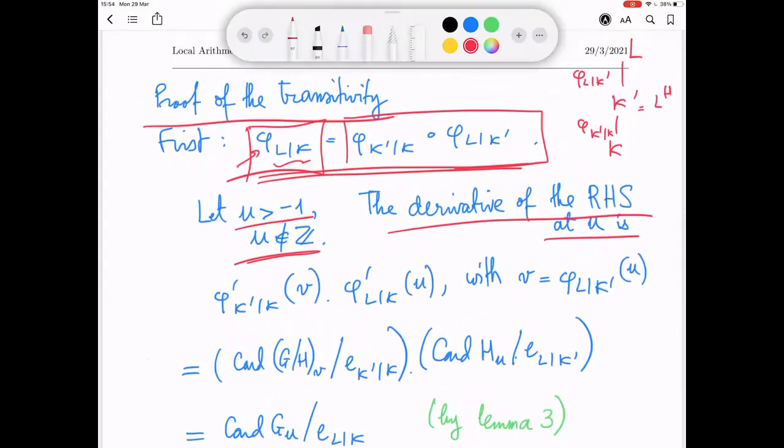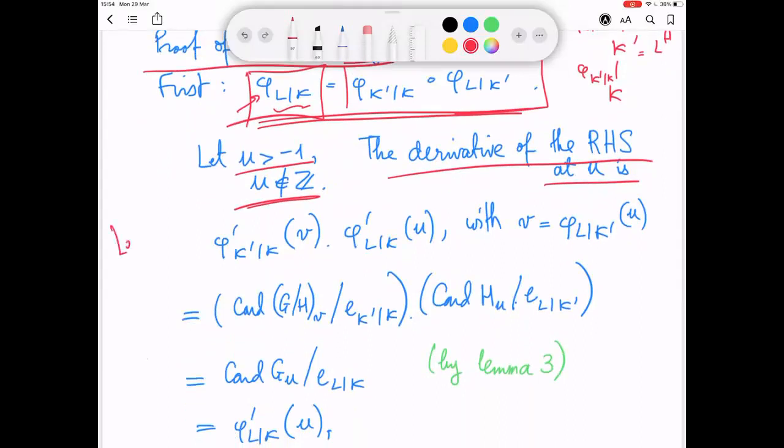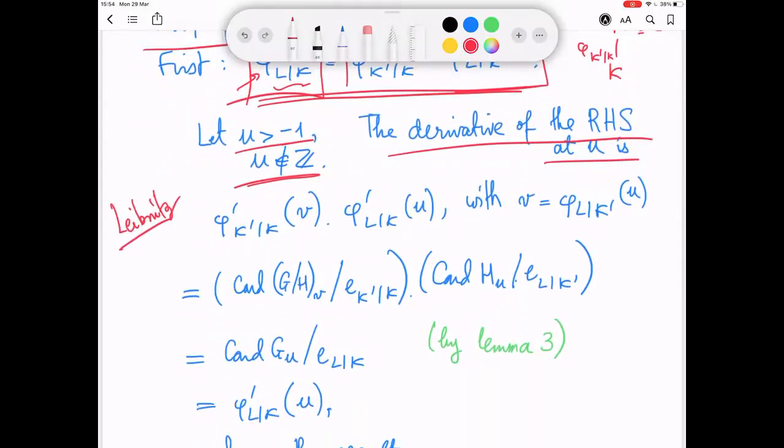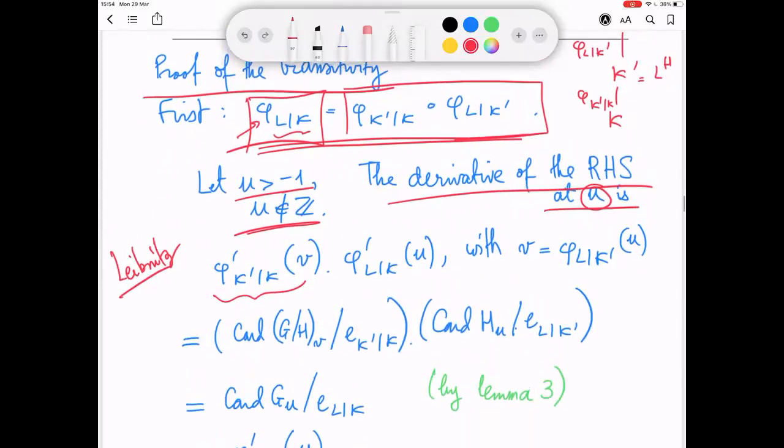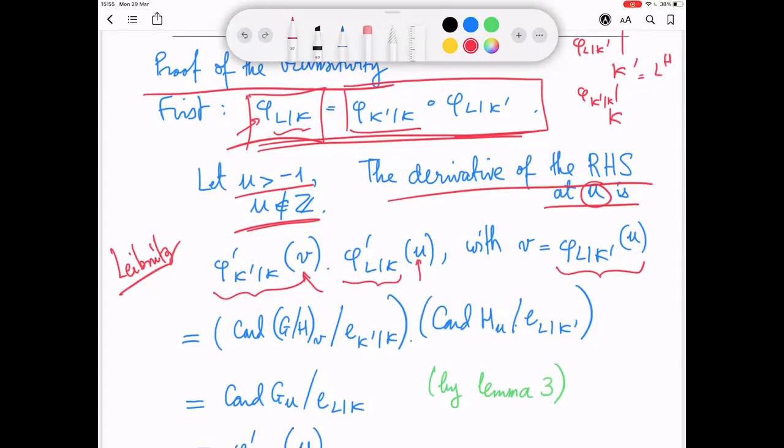And I think when using the chain rule, it's going to be phi prime of the first function at u, and then the derivative of the second function.